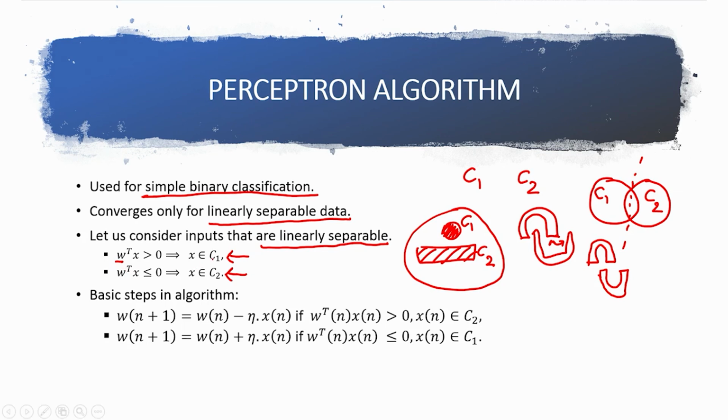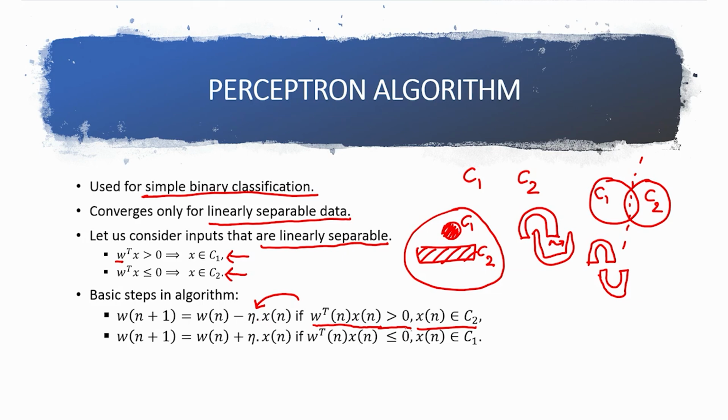So, the basic steps in the algorithm are, we need to find the inner product between the weight and the input. Suppose the inner product is greater than 0 for an input that belongs to class C2, then we see that it is getting misclassified. Therefore, we need to update the weight in this form, that is, we need to reduce the weight by learning rate times the input.